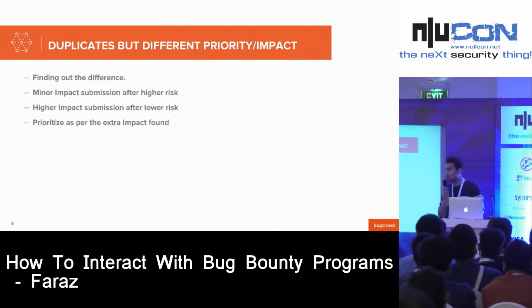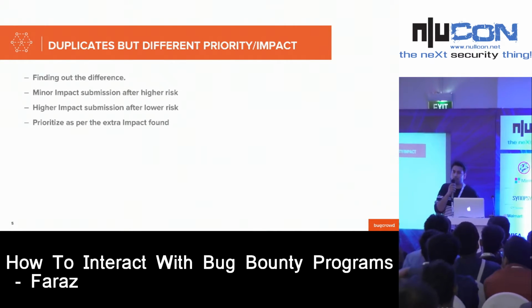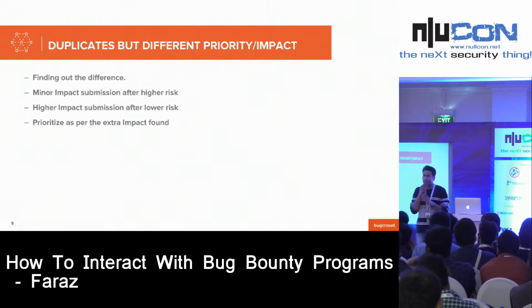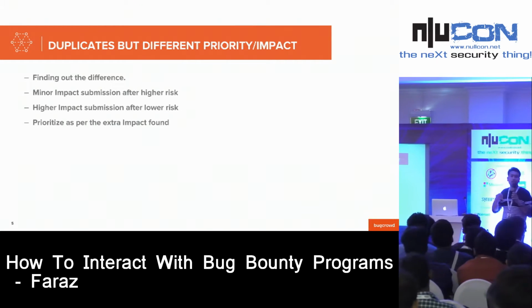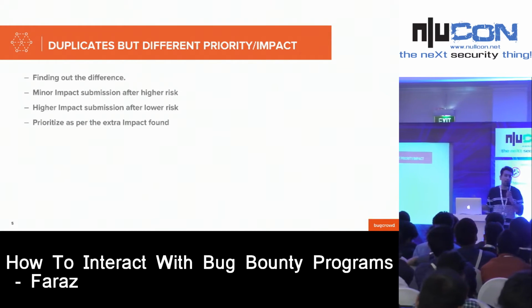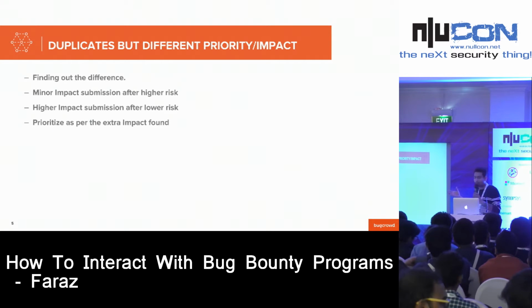Right now what we are facing is that we can't duplicate, because if we duplicate a P1 with a P3, the researchers get upset. So in those situations, we first of all explain or try to see if the researcher is chaining any lower impact bug with the higher impact submission, and then getting it to account takeover.